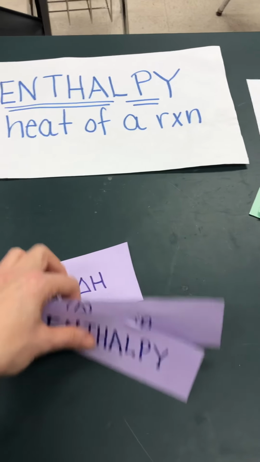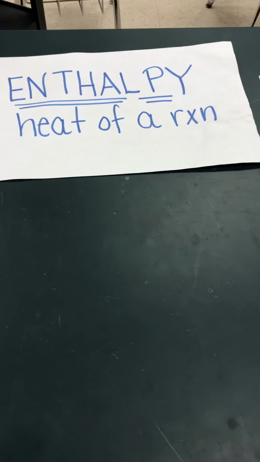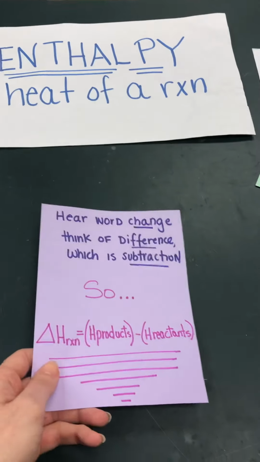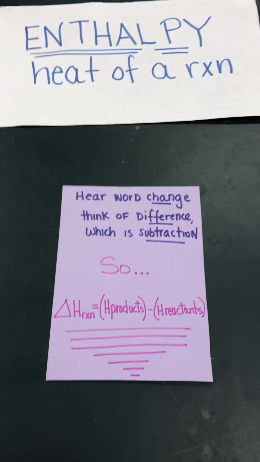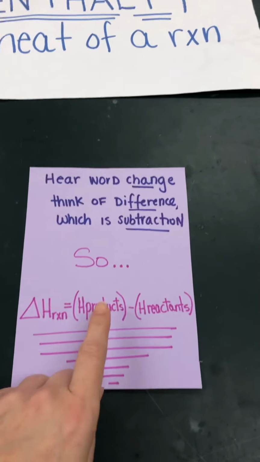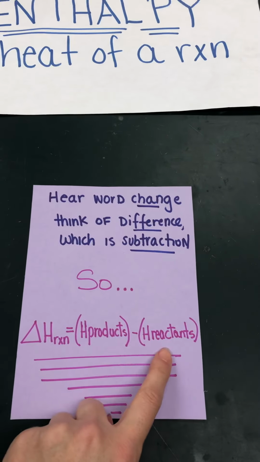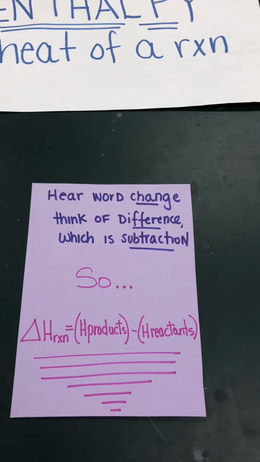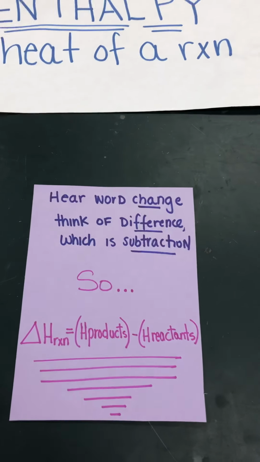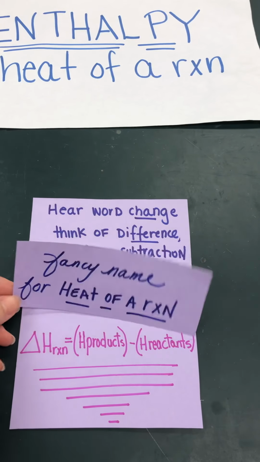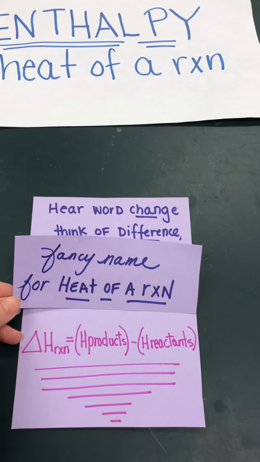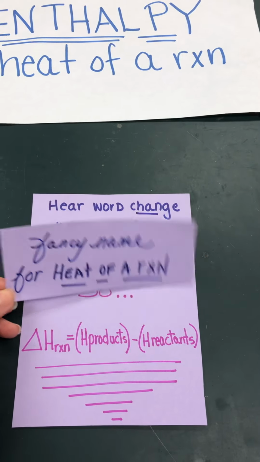So I hear change, and what does that mean mathematically for me? Well, remember, change means a difference, a subtraction. So all I have to do is take my heat of my products and subtract them from my reactants to figure out what's the overall heat for that reaction, right? What's the overall enthalpy change, or the heat of the reaction? Enthalpy change and heat of reaction are the same, okay?